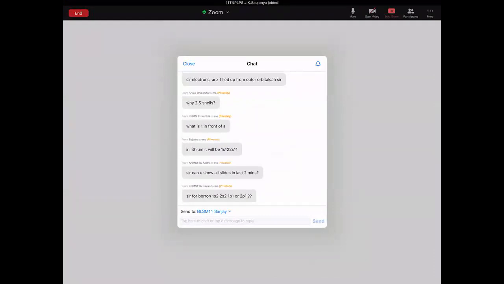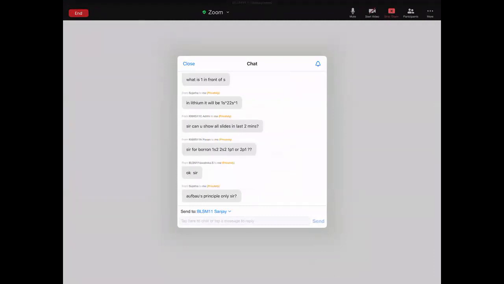So 1s2, 2s2, 2p1. In 1 there is no p; p is there only in 2. In 1 there is only s. So it has to be 1s2, 2s2, 2p1. Yes, it is Aufbau's principle.